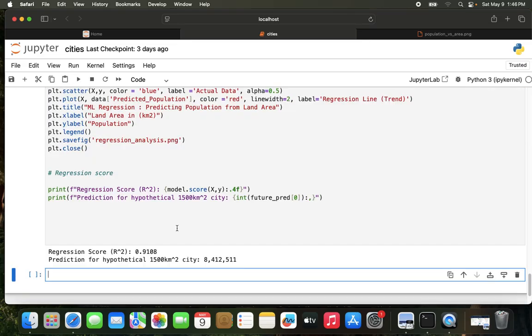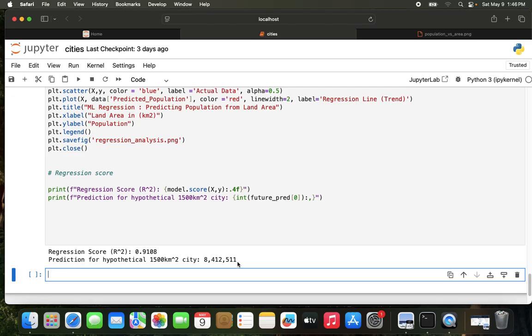Okay, so no issue. It says regression score 0.9108. When you look at this regression score, you realize it's a very high score, which indicates that 91% of the variation in population can be explained simply by the land area. Now, the prediction says 8,412,511.